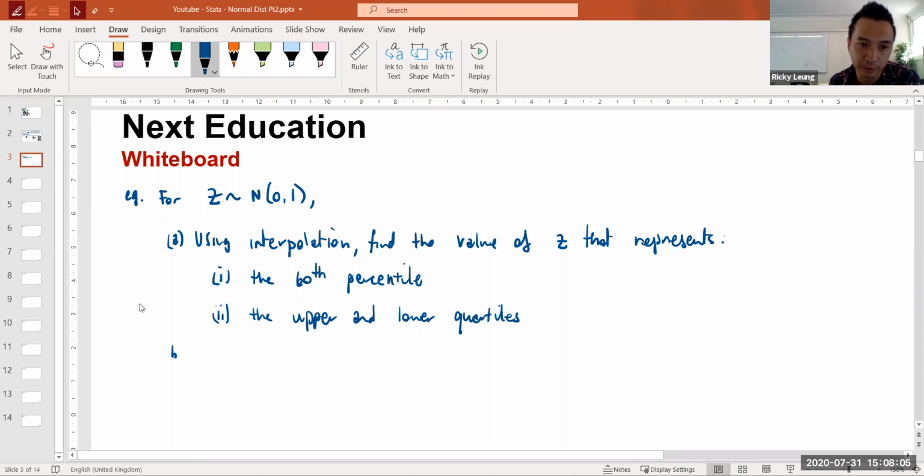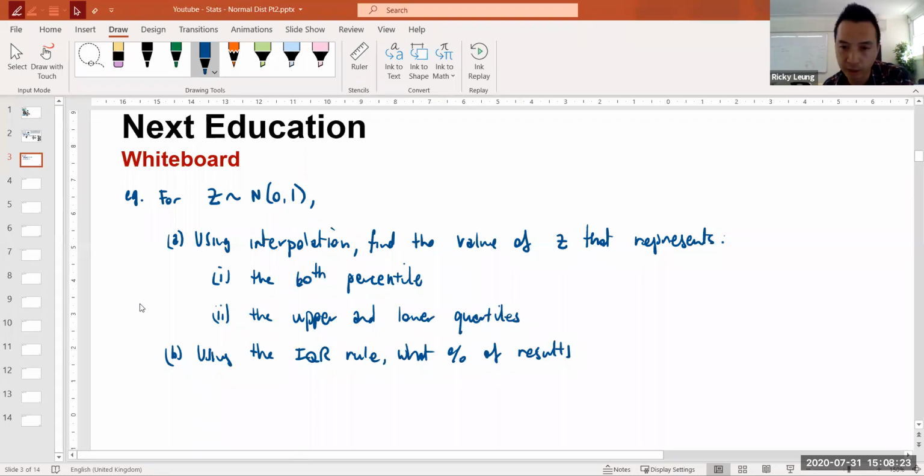And then part B, using the interquartile range rule, what percentage of results can be considered as outliers?